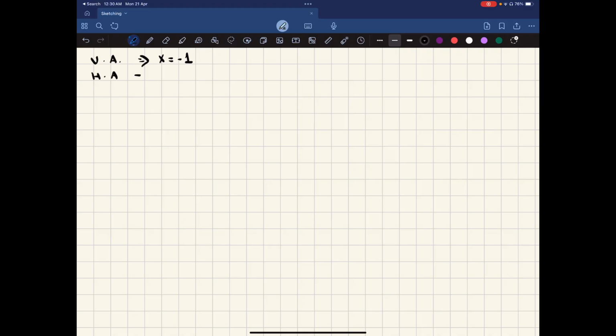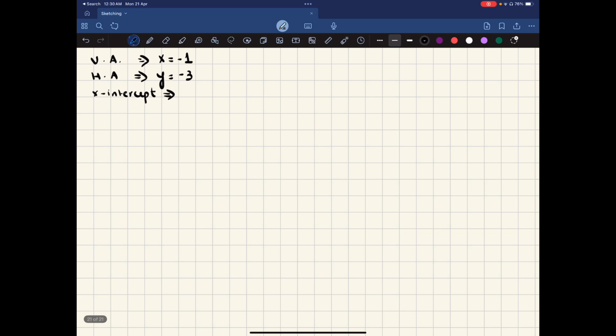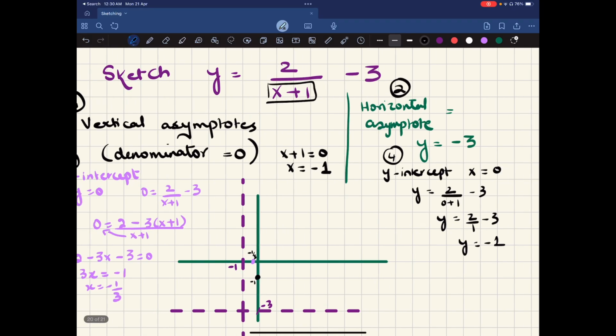horizontal asymptote y equals negative 3, x-intercept x equals negative 1 over 3, y-intercept y equals negative 1, I think.